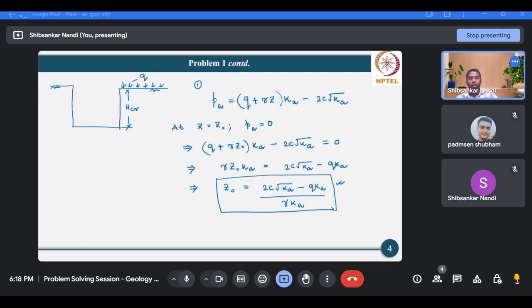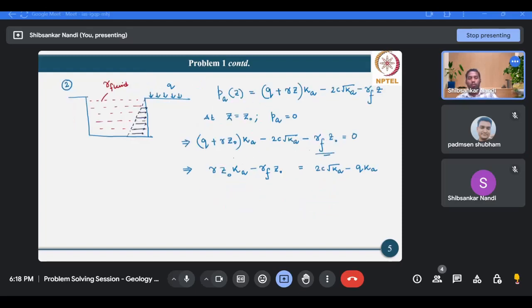So 2C root K minus Q times K divided by gamma K. Here if we take the gamma Z0 common, it will be gamma K minus gamma f.